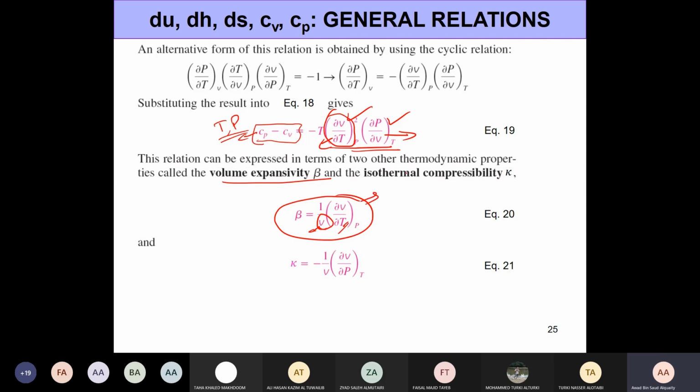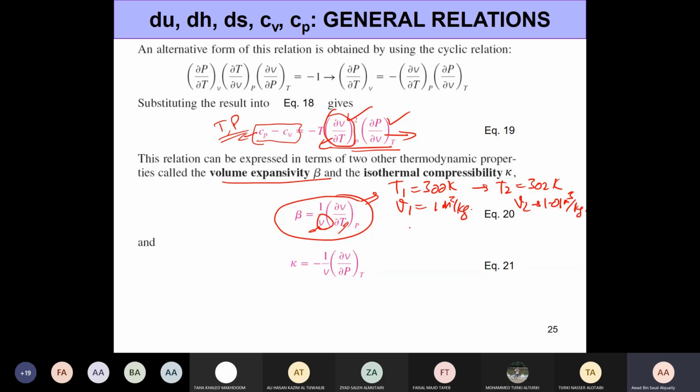Okay, so let's say you take air at a certain T1 and V1, let's say 300 K, and its specific volume is, let's say, 1 meter cube per kilogram. You heat it up to 302 Kelvin. The specific volume goes up by 0.01, so it's 1.01 meter cube per kilogram.